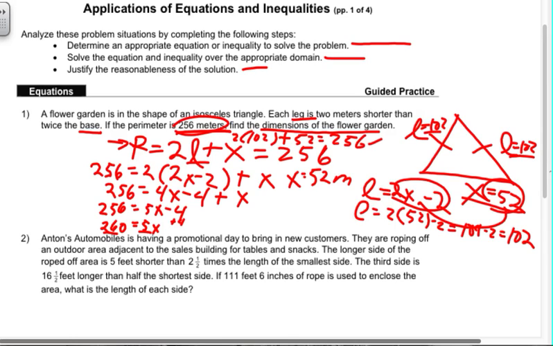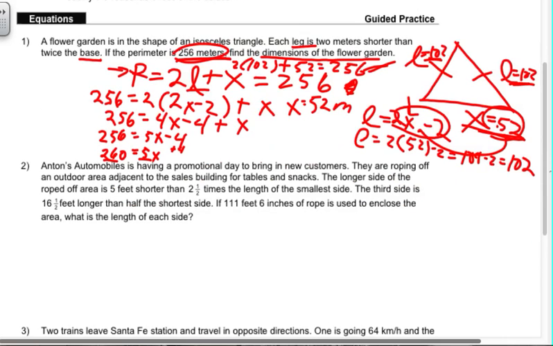So that checks. This is how we solve this thing. So we know then that 52 and two 102s will give us the perimeter we need. And that's another good check, is to plug into one of the equations and check it. Okay, so now let's take a look at number 2.